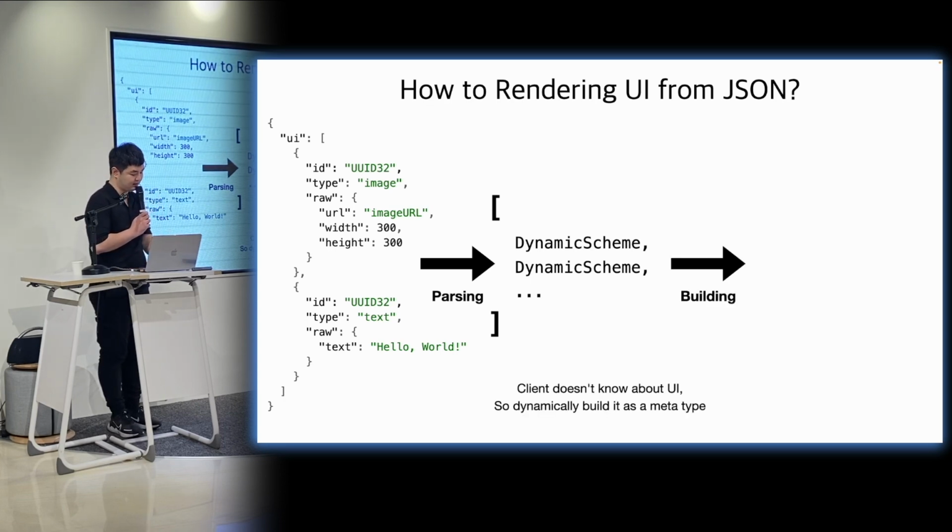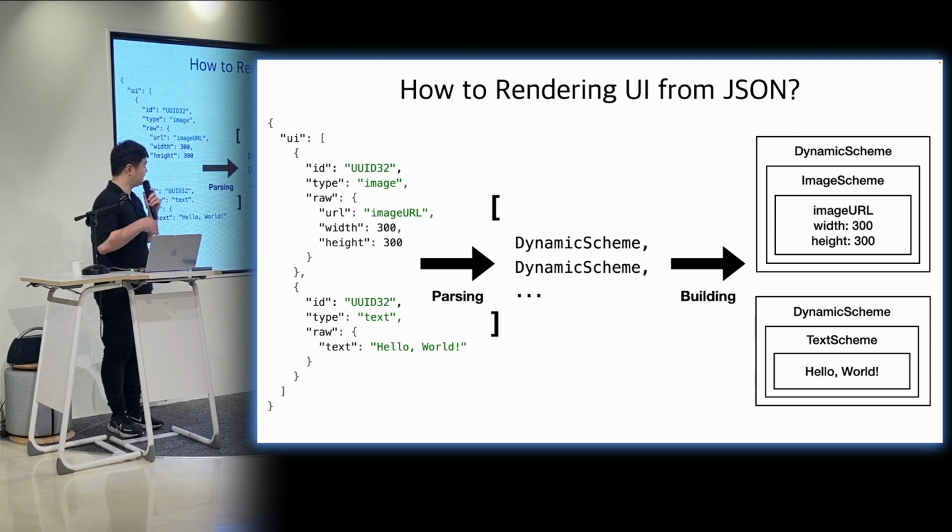And then the client builds this dynamic scheme, because at this point the client doesn't know about the UI. It doesn't know what to draw. It only sees JSON. So in this phase, it dynamically builds it as a meta type, like dynamic scheme.